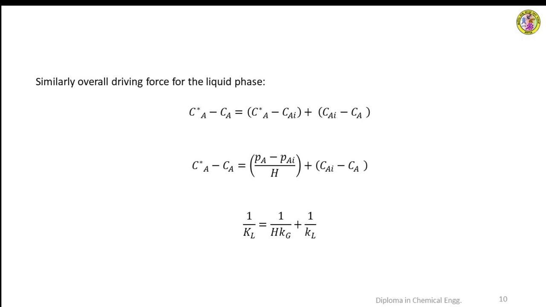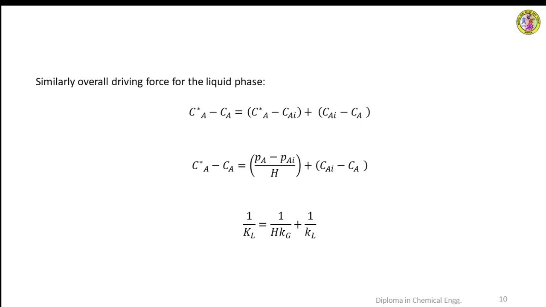So Ca star is equal to Pa divided by H, and Cai is equal to Pai divided by H. Then the left hand side, Ca star minus Ca, is nothing but Na divided by capital KL, from equation number 1. Also Cai minus Ca on the right hand side is nothing but Na divided by small kl.